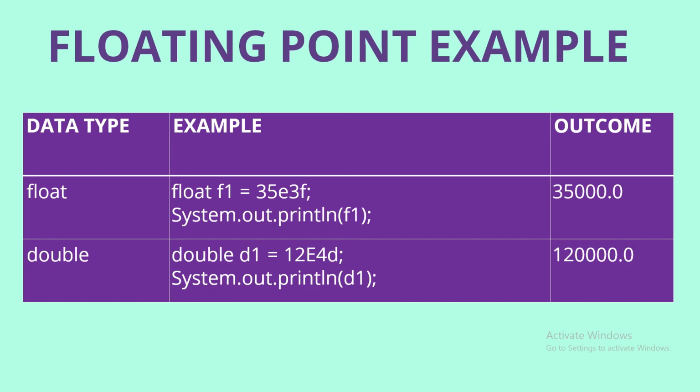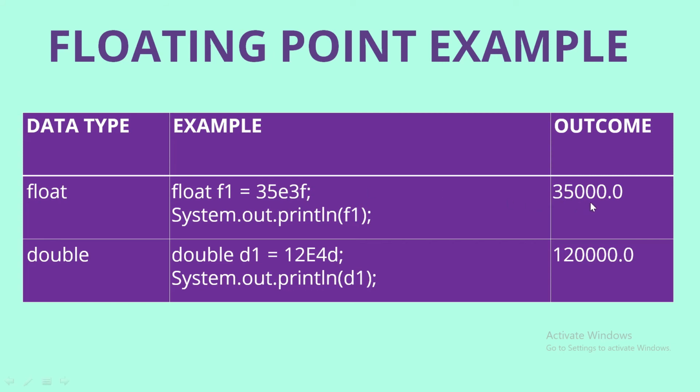Here is an example of how we can store floating point numbers in memory. In this example, f1 is assigned the value 35E3. E stands for exponential power over here. Actually, it means 35 times 10 raised to power 3.